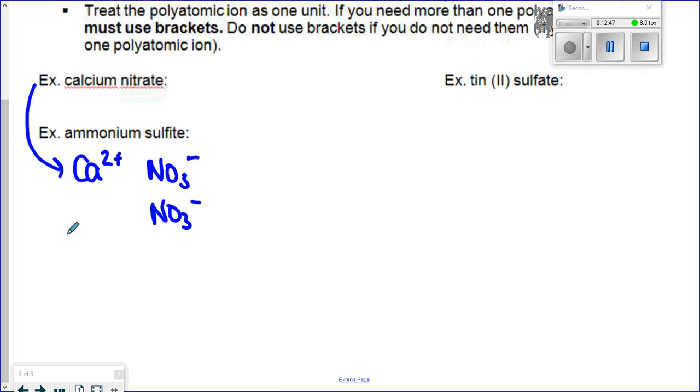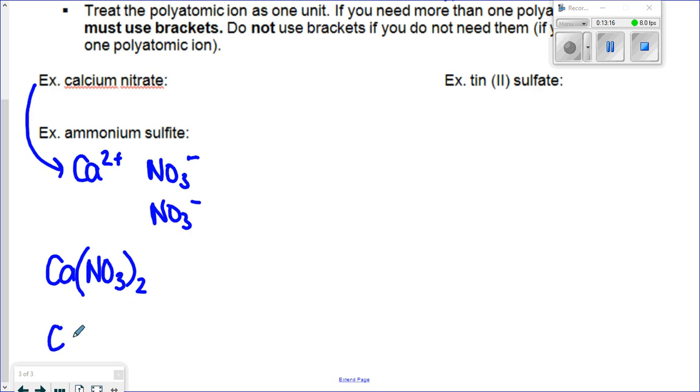The way that we would write this formula, again, we have 2 positive, 2 negative, we can now write it out. We just needed 1 calcium. We don't write a subscript of 1 here. And since we need more than one of our polyatomic, we put brackets. So Ca(NO3), and we actually needed 2 of those, 2 of that nitrate ion.